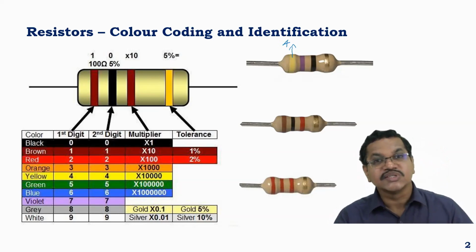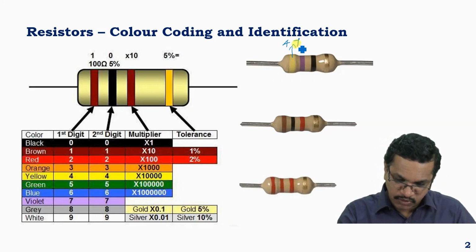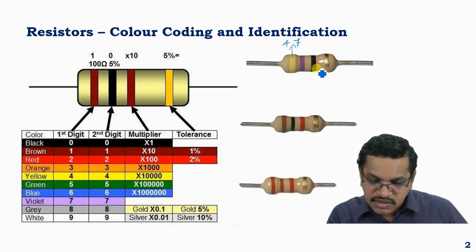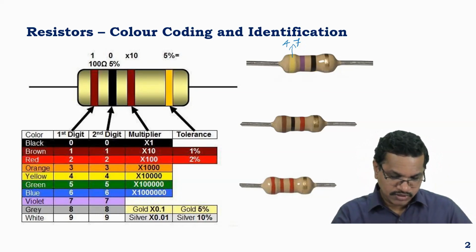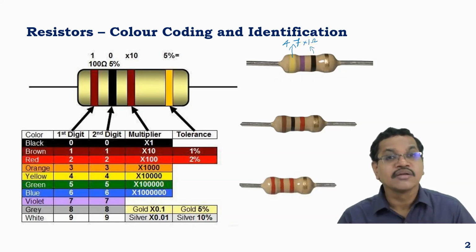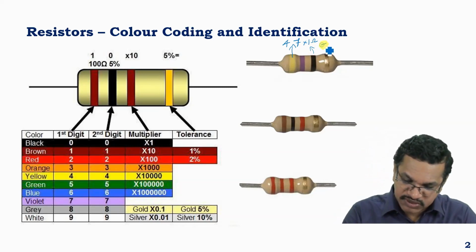The number corresponding to the color violet is 7. So it is 4, 7. 2 digits I have written. Third band is black, which corresponds to a multiplier of 1. So it will be 47 into 1 ohm, which means the first resistor given over here is a 47 ohm resistor.